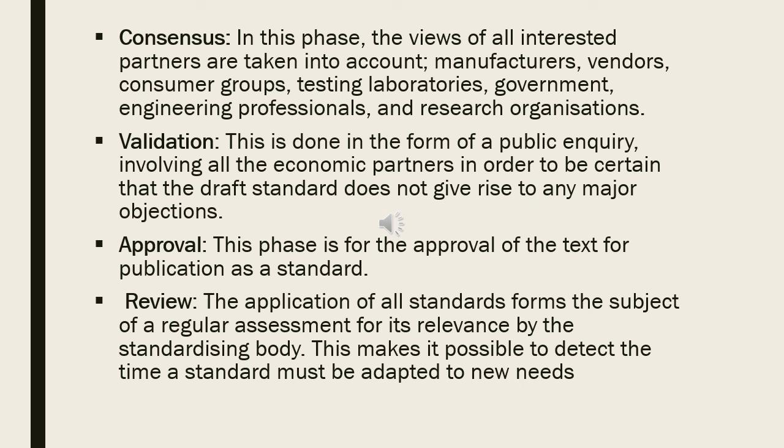So examples of interested partners may include manufacturers, vendors, consumer groups, testing laboratories, government, engineering professionals, and researchers. So at consensus, these different parties that are interested in developing a given standard have to meet and reach a consensus. So the next phase is phase 5, which is validation.